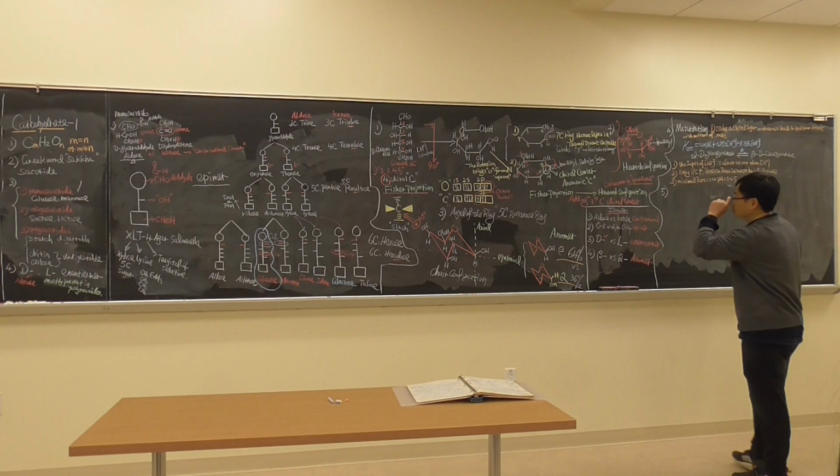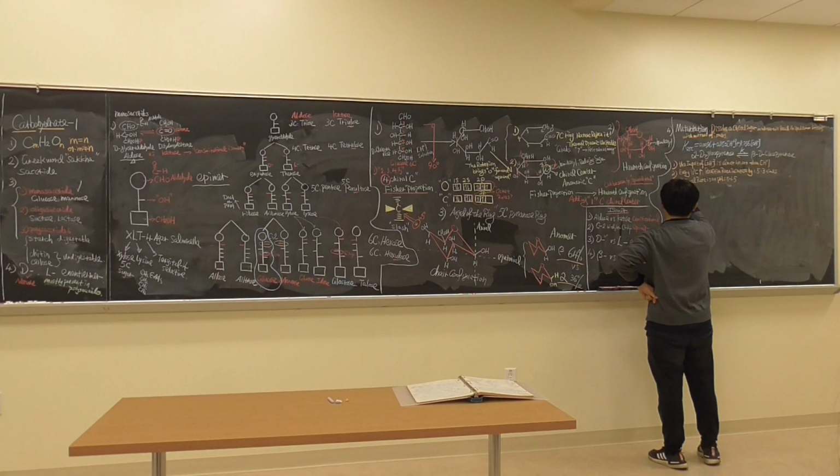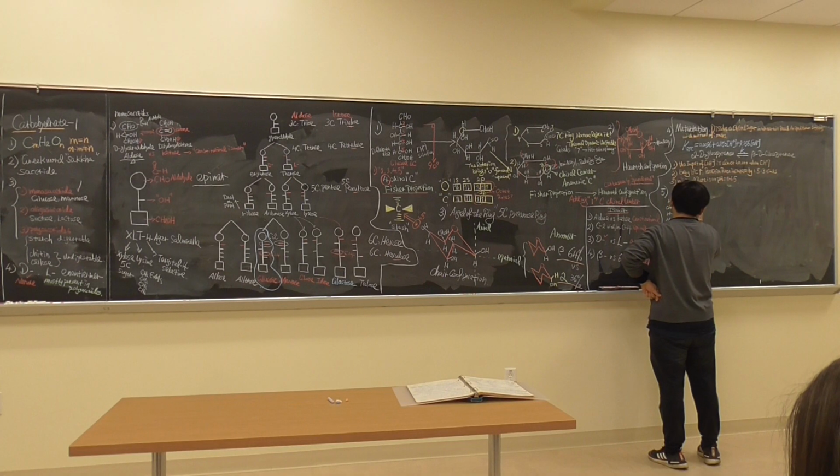So let's go back to talk about glucose. We draw one more time. The reason is we want to show you something. It's very easy, but you probably don't recognize it, even if you're working in the lab the whole day.